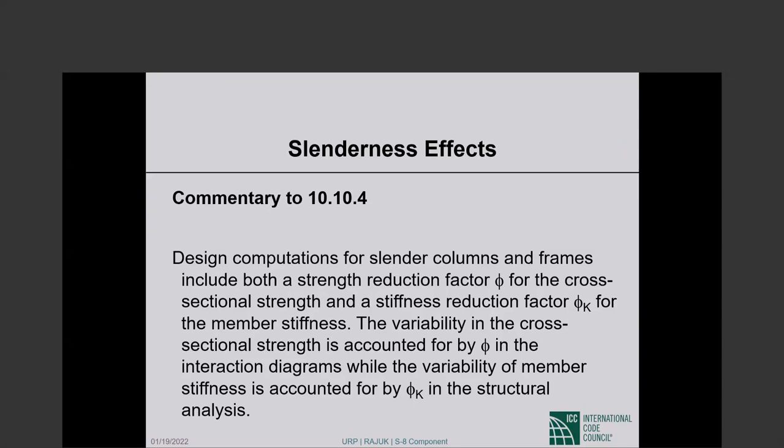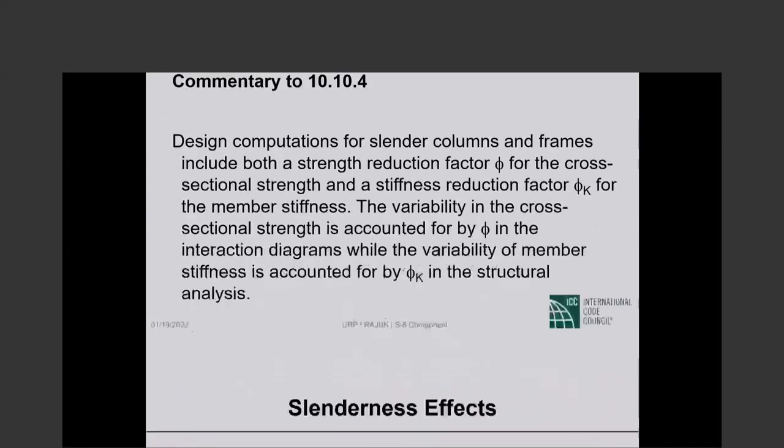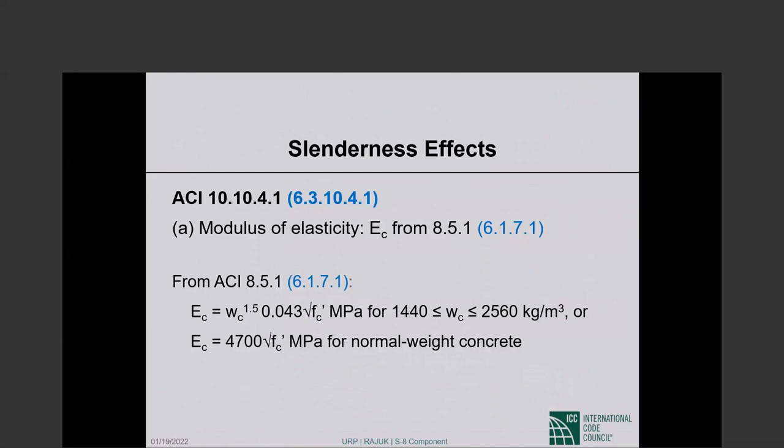The variability in the cross-sectional strength is accounted for by phi in the interaction diagrams. You will see that in the interaction diagram, so we will go there. While the variability of member stiffness is accounted for by the phi sub k in the structural analysis. The phi sub k you do not see, but that concept is kind of built into the numbers that we tend to use.